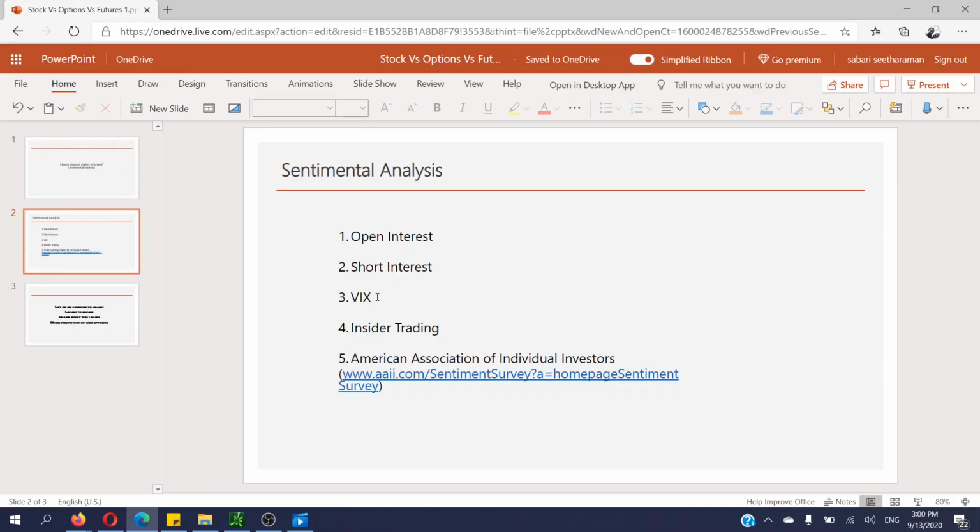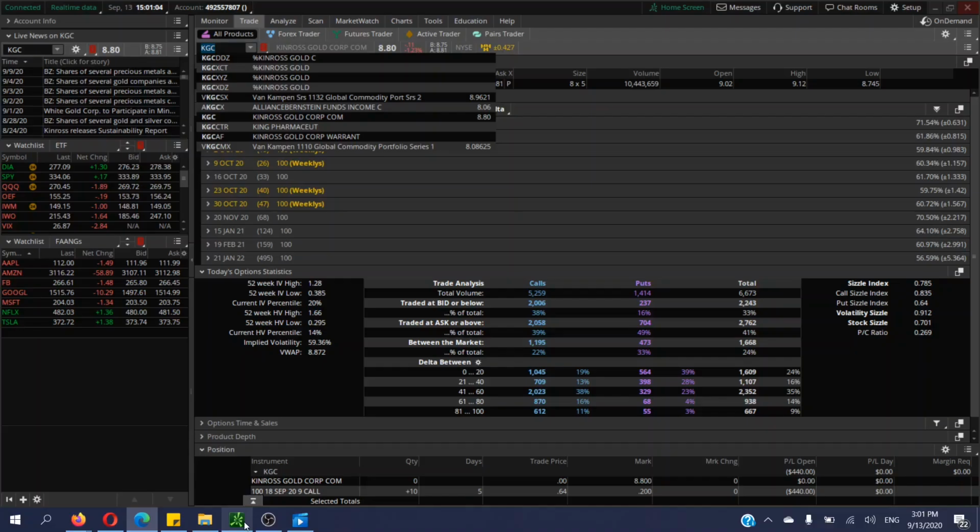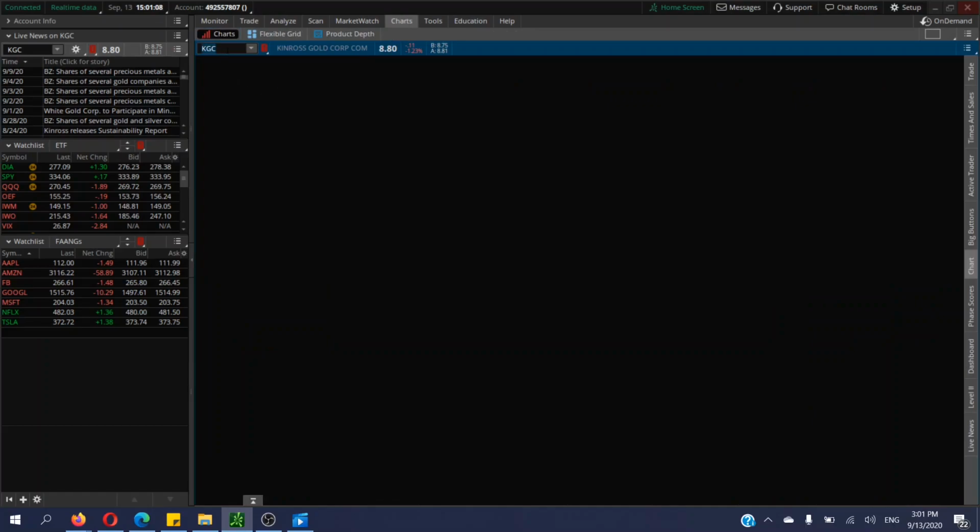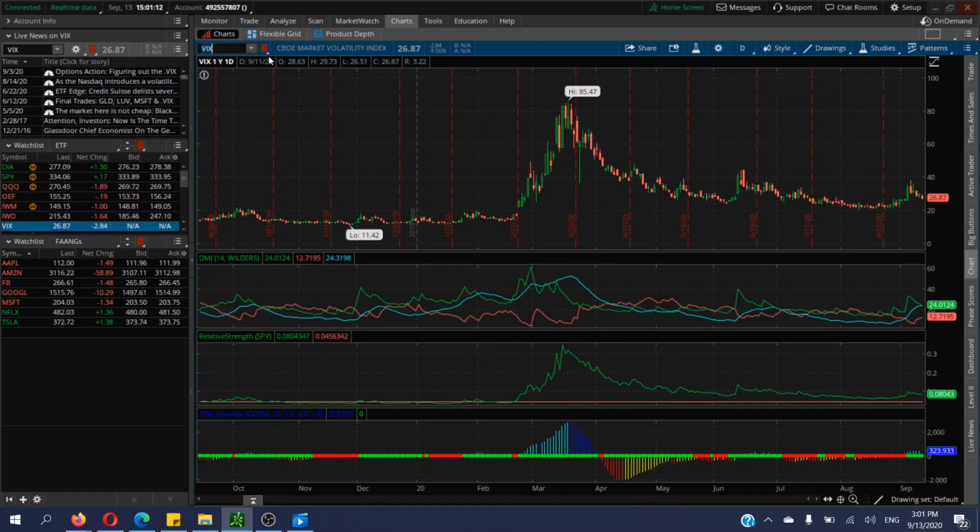Third option, you are all aware of VIX, right? VIX is the fear gauge, the fear indicator. So if VIX is going higher, then we believe there is more fear in the market.